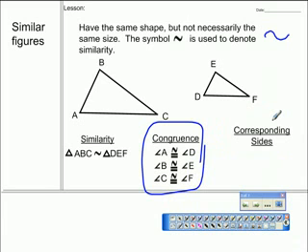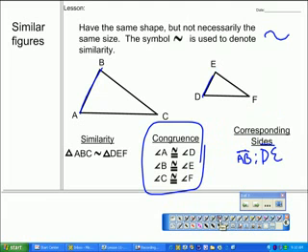All right, now we're going to list the corresponding sides. And this is important. You have to make sure you match them up, so when you're matching up the ratio, you have the right lengths. So in this triangle, if we look at side AB, what side does it correspond to in DEF? So yes, AB corresponds to DE.